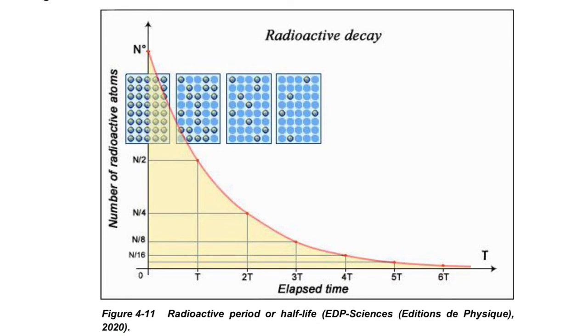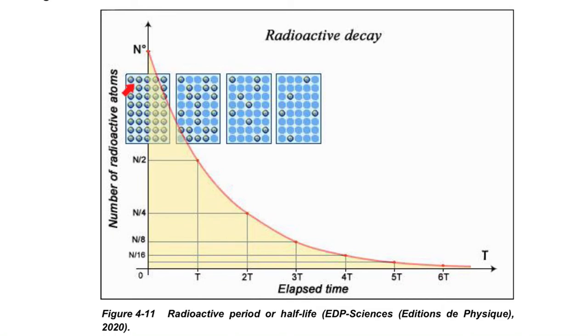So what we see here, and this is really important, is that if we look over a time interval where the original sample of radioactive material has decreased by a half, and we call that time interval t, then what that means is that in that time interval t, the number of undecayed nuclei has halved.